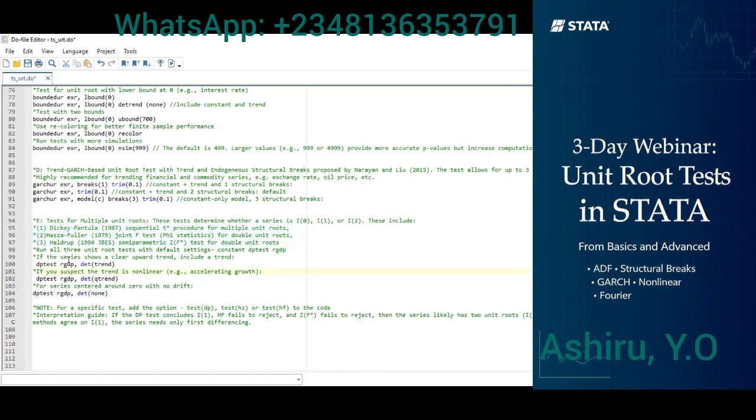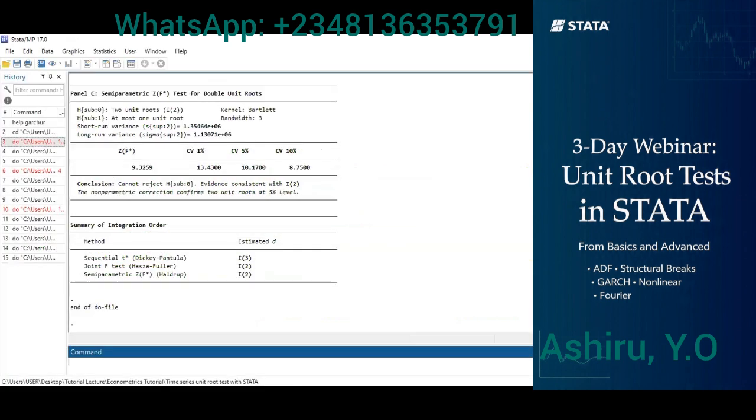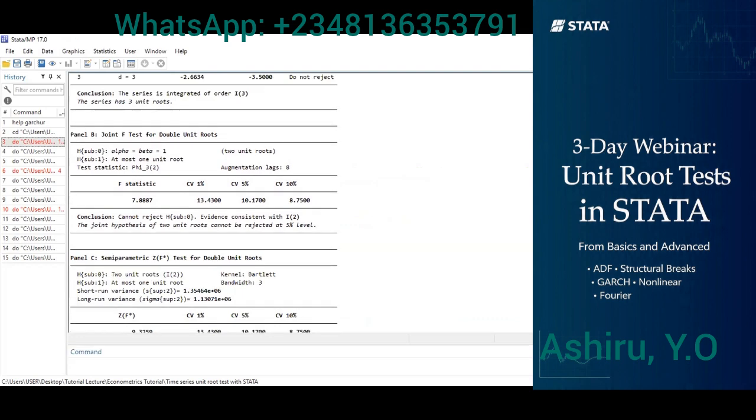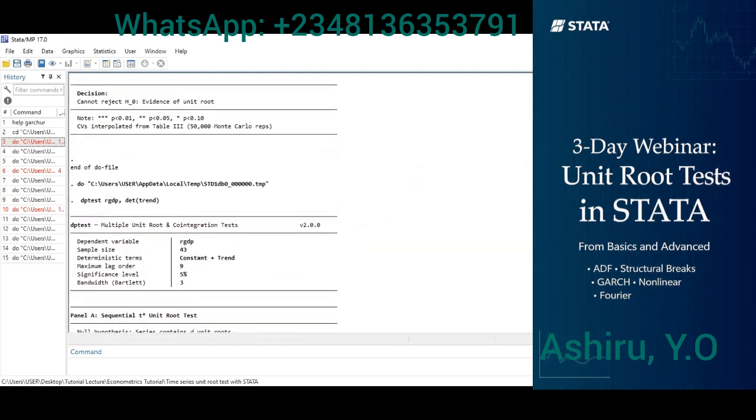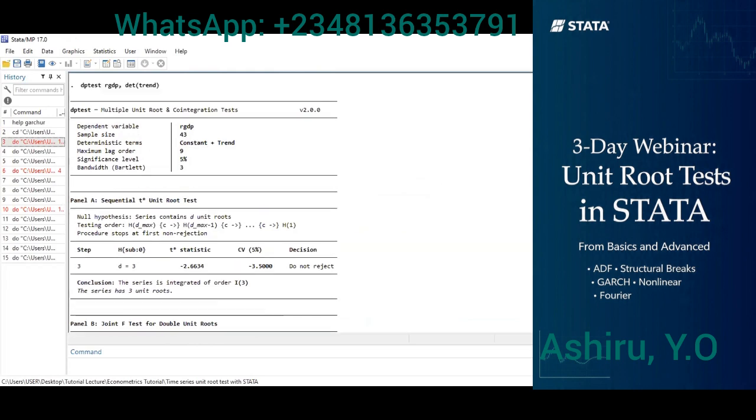So let me run the first one now to get a clear picture of what I'm trying to say. If I run this first one here, it's going to give me the 3 tests. Okay, you will see what I'm trying to say.